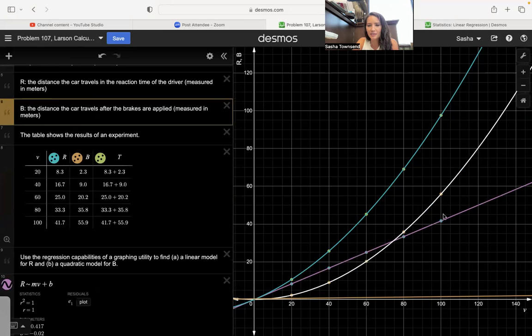So that's this quadratic expression. So reaction time is just increasing linearly with speed, but the distance the car travels after the brakes are applied is increasing quadratically. And then we add them together to get our total stopping distance.